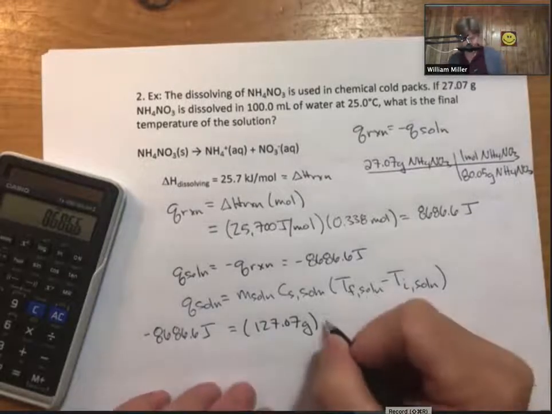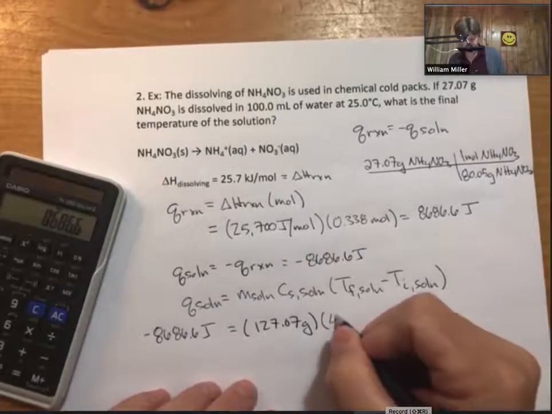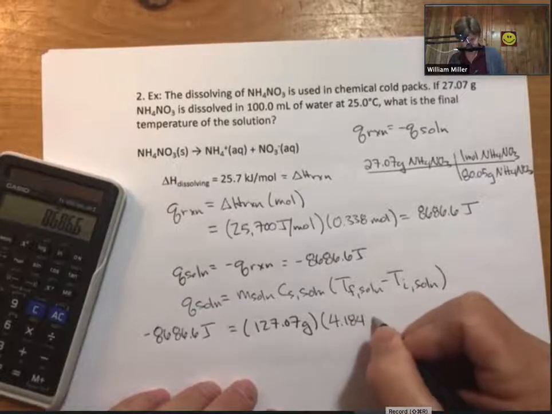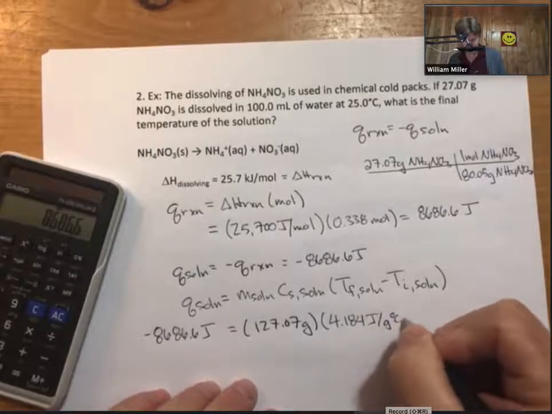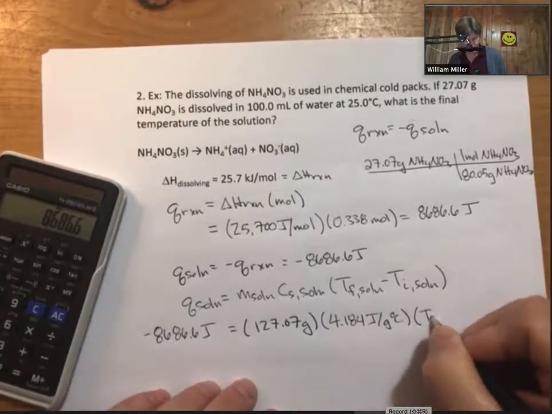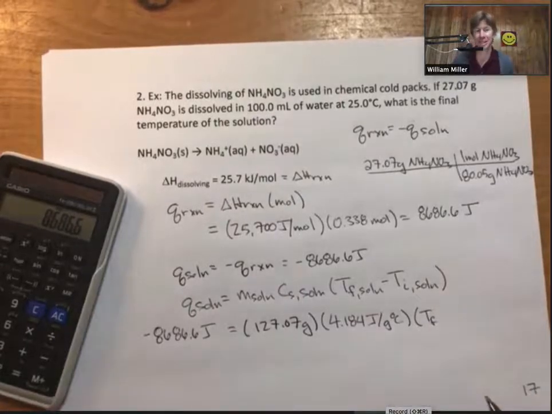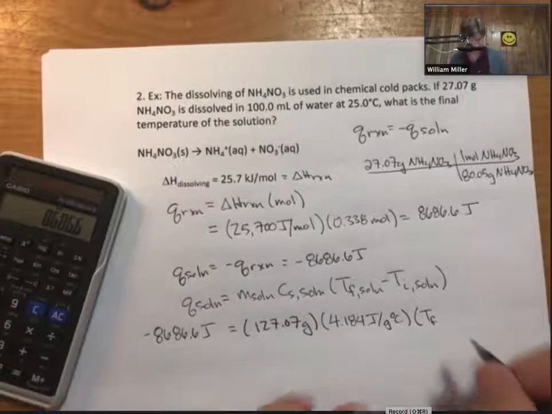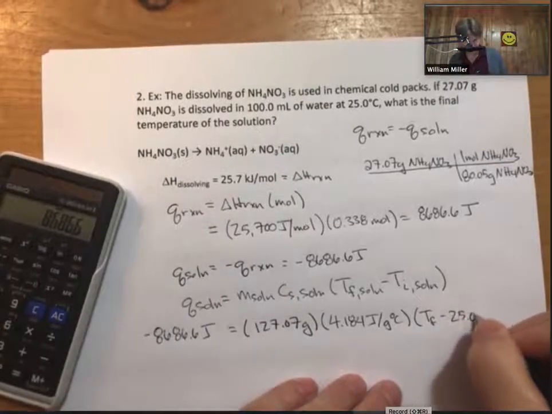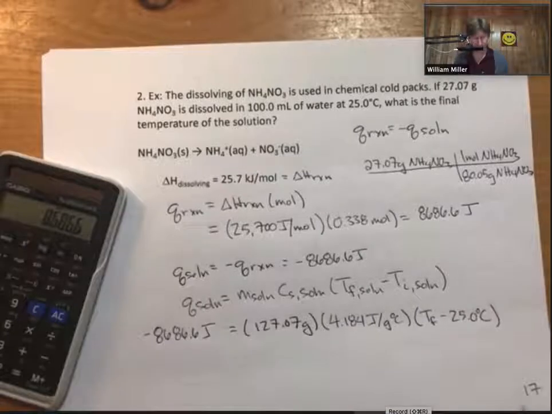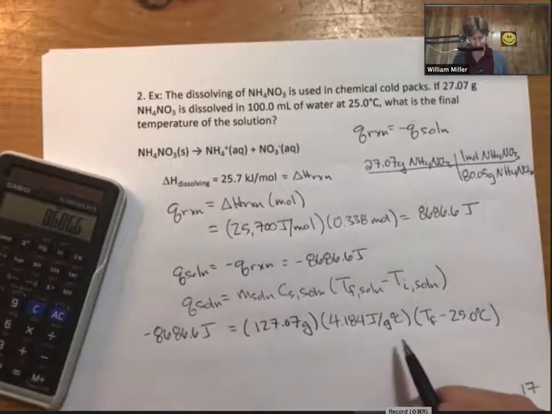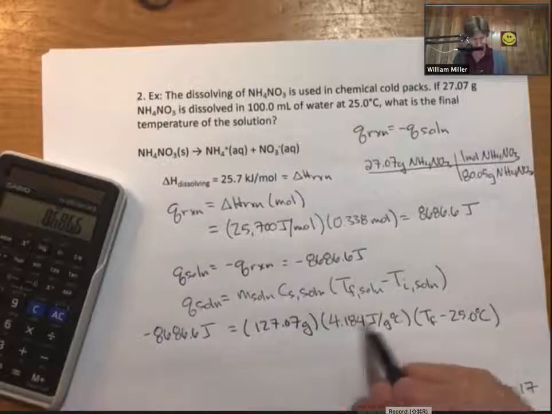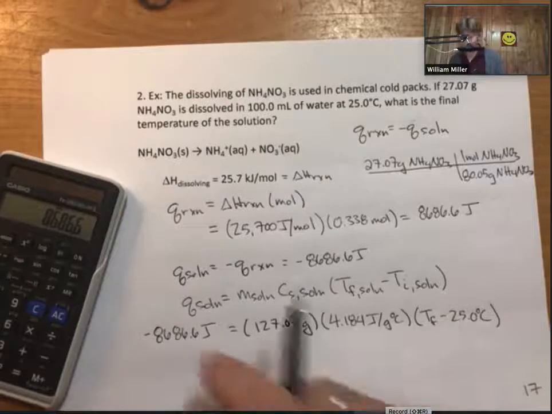127.07. My specific heat, same as water. T final, I'm just going to write TF because there's only one TF and we don't know it. TI, 25 degrees Celsius. Now, there's only one equation, one unknown. We're off to the algebra races. Let's see, I'm going to multiply my right-hand side out.